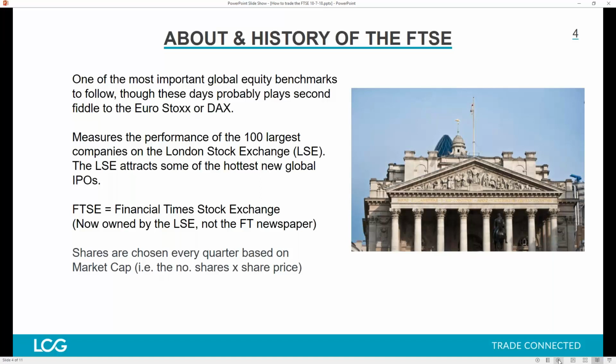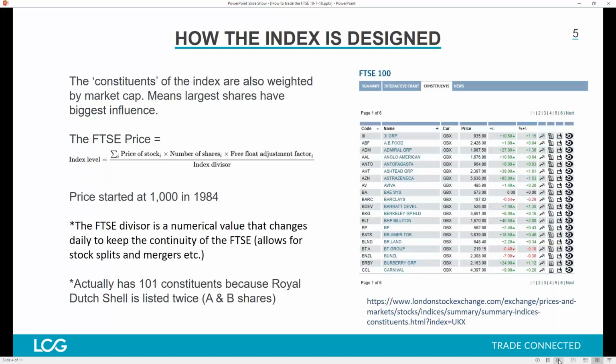Obviously, Germany has a bigger economy than the UK, and Europe as a whole is the biggest economy in the world. So it is somewhat more important fundamentally, but London is still one of the two major financial centres in the world. So that by itself makes the FTSE important.